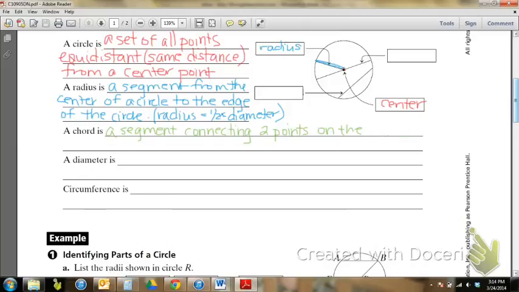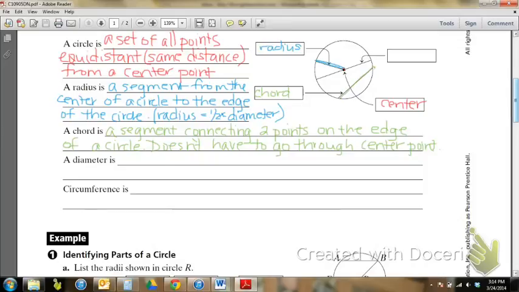But a chord doesn't have to go through the center. Okay, so a chord just takes any point on the edge of a circle and connects it to another point. It does not have to go straight through the middle. That is a chord.